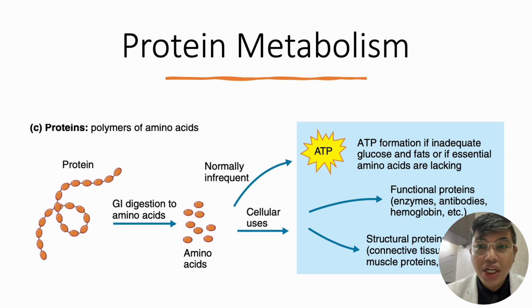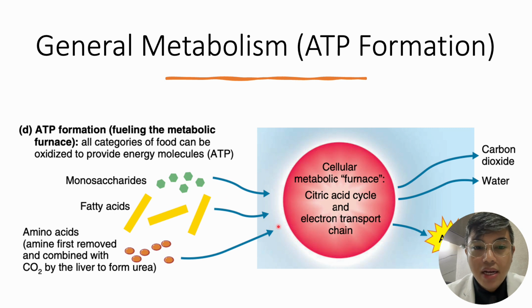So, paano siya nag-generate ng energy? Paano tayo nag-generate ng energy? All of this, your carbohydrates, your protein and fats, okay? Lahat yon, amino acids, glucose, and your fatty acids will now enter your citric acid cycle, electron transport chain, or ating cellular metabolic furnace, also known as your Krebs cycle.